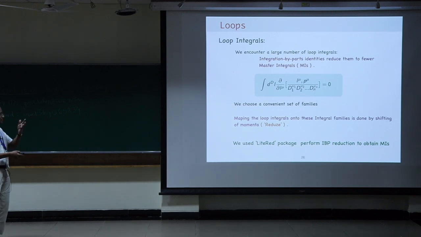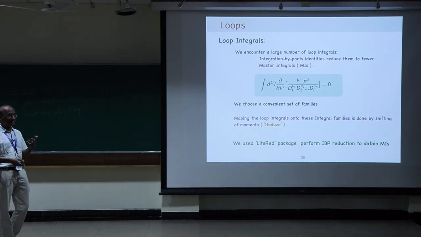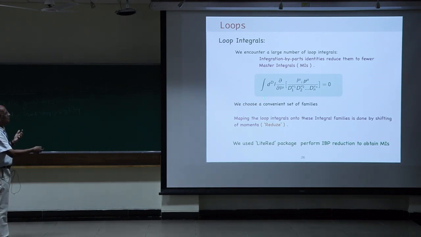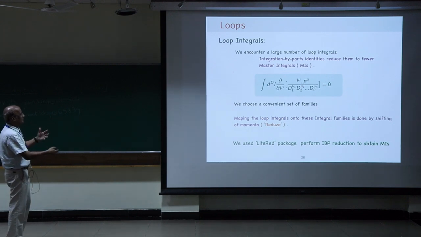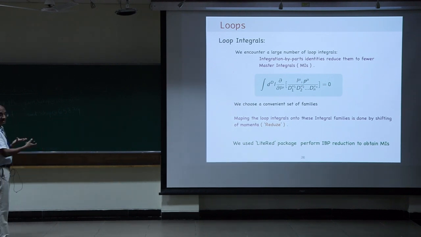Okay, so there was also a question about how these integrals are evaluated. You mentioned you can use integration by parts. Integration by parts is basically the simple Gauss identity. So you can write down every Feynman integral by demanding that it satisfy this equation, because this is obvious in dimensional regularization, and this gives you a set of relations among the integrals that you encounter in your Feynman computations.